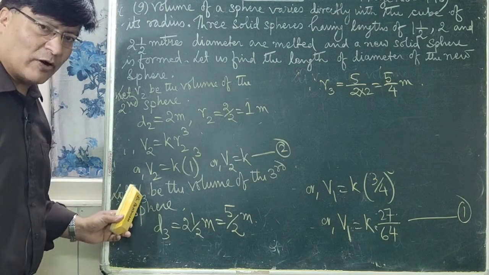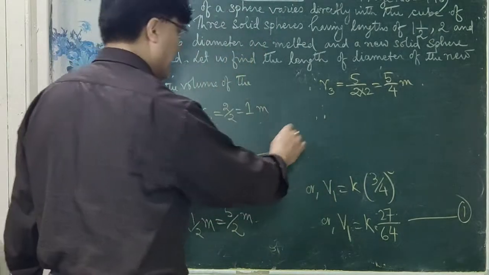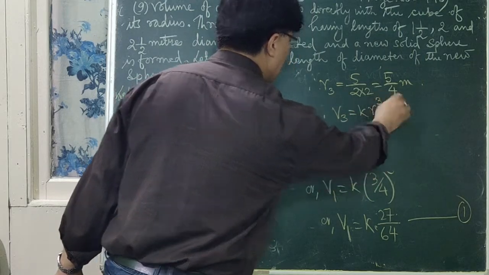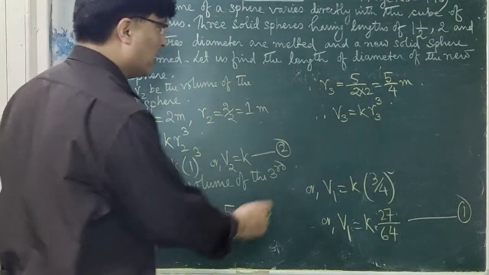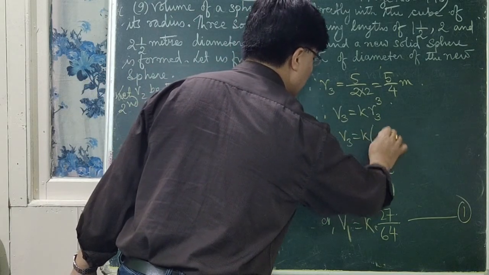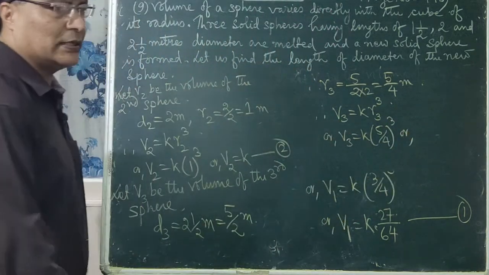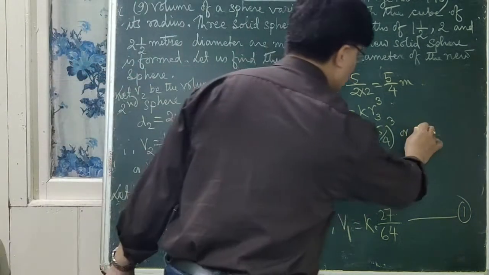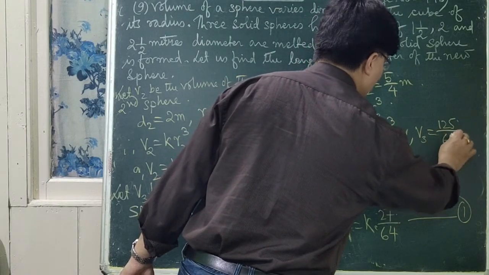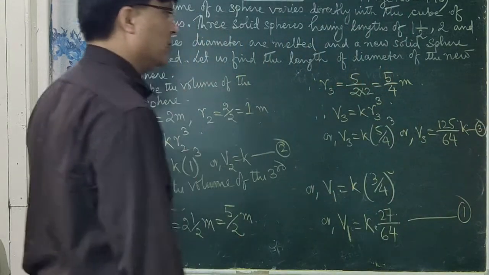You can write V3 is equal to K into R3 cube, or V3 is equal to K into 5 by 4 whole cube. Let us simplify it. So V3 is equal to 125 by 64 K. So let us mark it equation number 3.